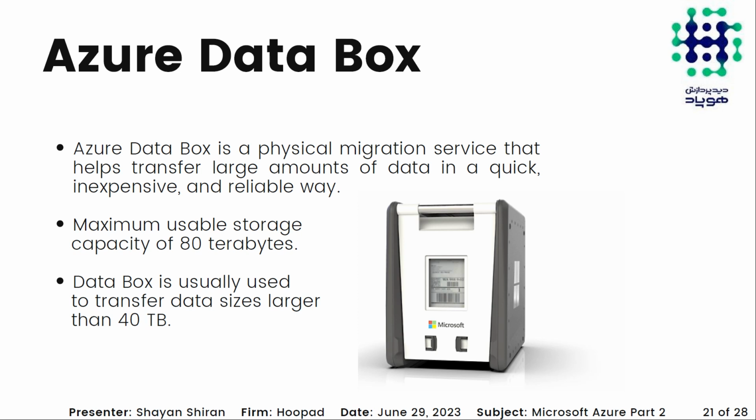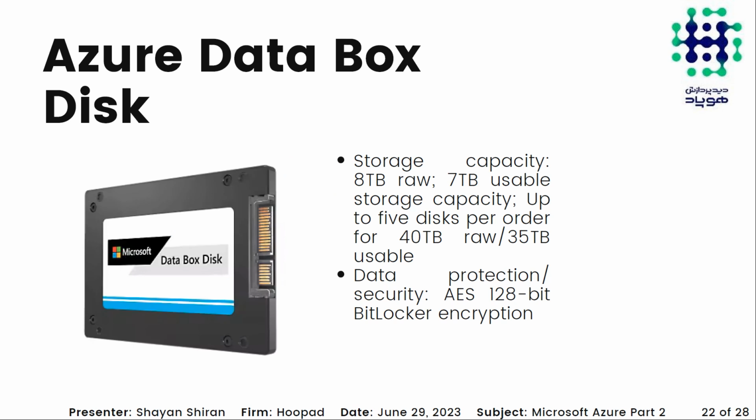And the other data box instrument is Azure Data Box Disk, which has the storage capacity of 8 terabytes, which is raw. 7 terabytes of it is usable, and it uses AES as its encryption.